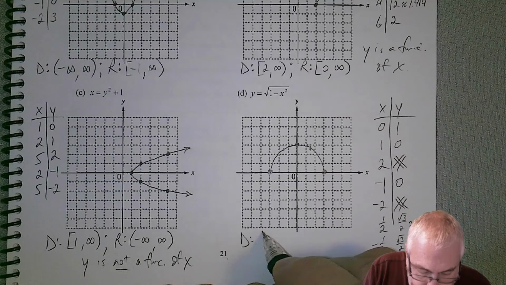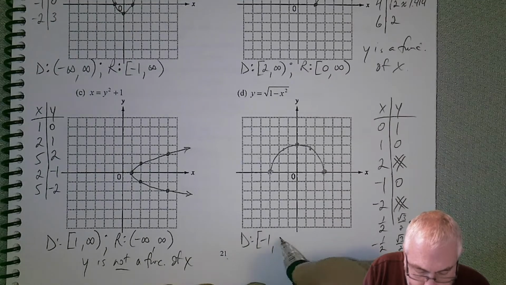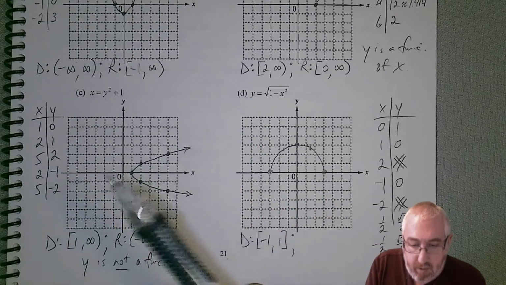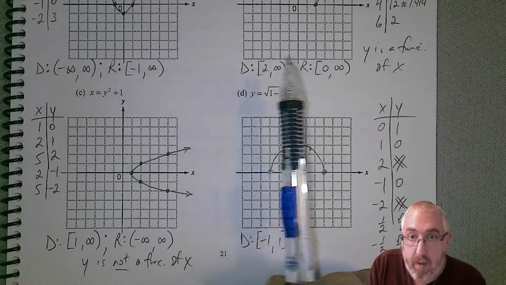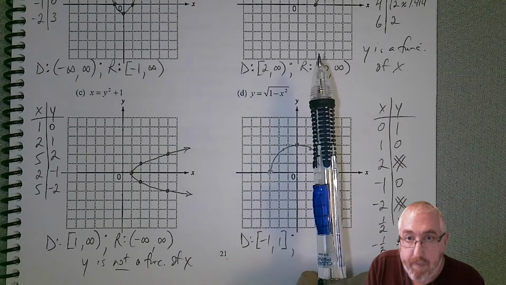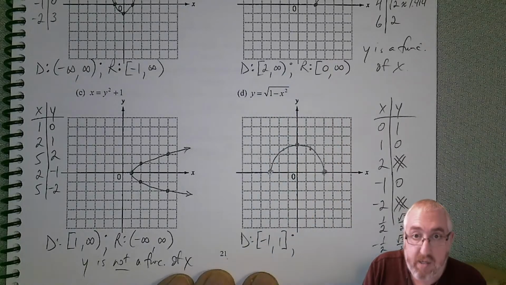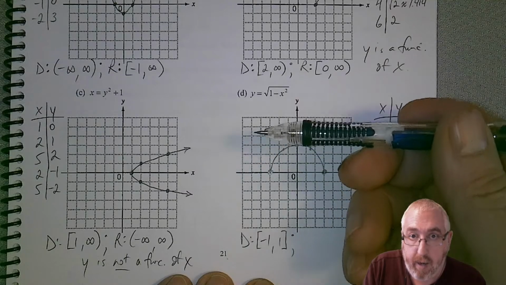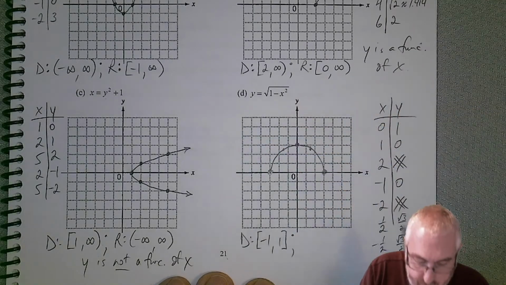So domain, you should see we go from negative 1 to 1. Again, use that vertical line. It starts at negative 1, ends at positive 1. That's it. Range, same idea. Horizontal line starts at 0 and goes to 1, and that's it.